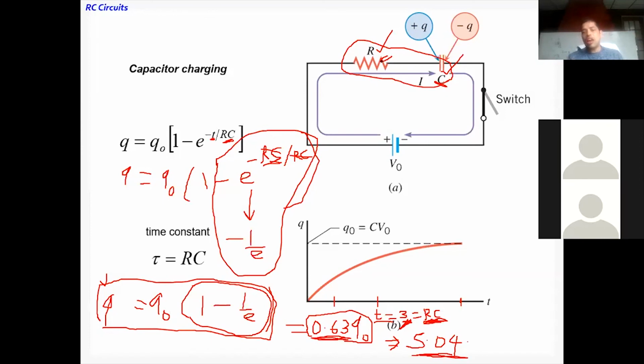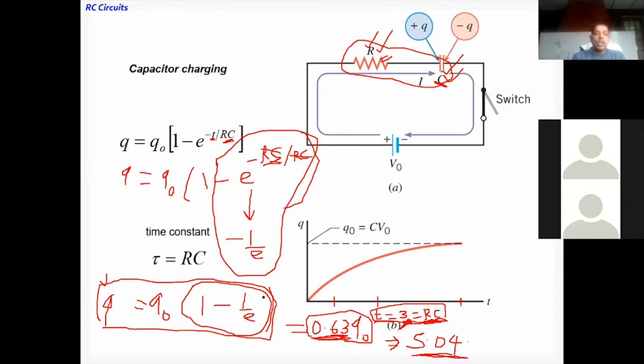You cannot keep changing your R and C. Once you have your cell phone, you cannot change your capacitor or take anything out from there. Once you have R and C, you can tell how much time it will take to charge your device by 63%. The time equals RC, in our case 3 seconds.